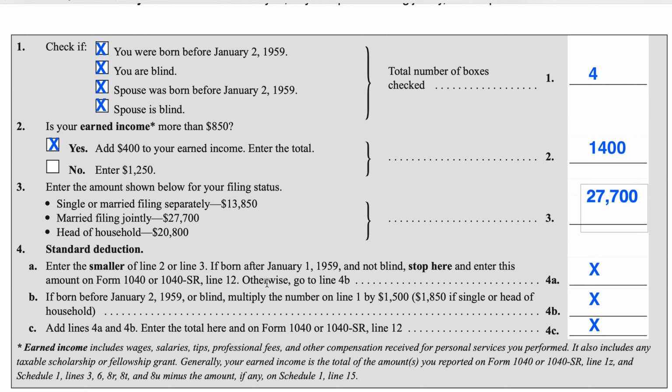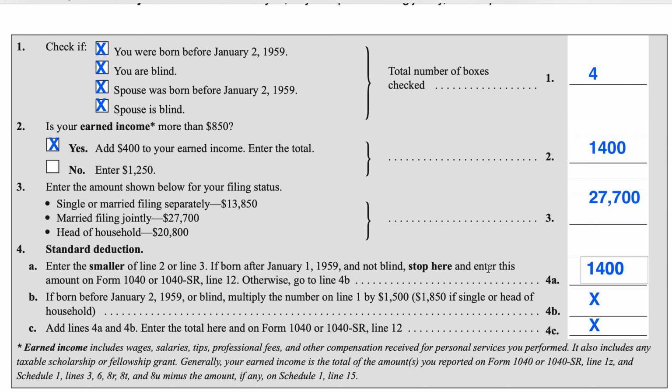Now the standard deduction is the smaller of either line 2 or line 3, which in this case is the $1,400. Now, if you're born after January 1st, 1959, and you're not blind, then you would stop here and enter this on your line 12 of your tax return.